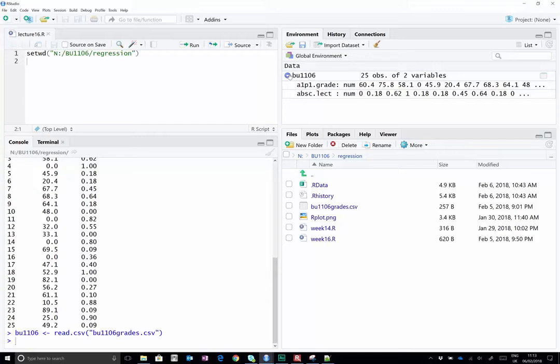Just in case you've got an extremely good memory, last week there were 26 observations in here. When I looked at it again, I noticed that when I entered the data, there was one student who had no grade. It was a student who must have left. So we had a student who had an entry for absence, but no entry for grade, and that was coded as NA, a bit like not available.